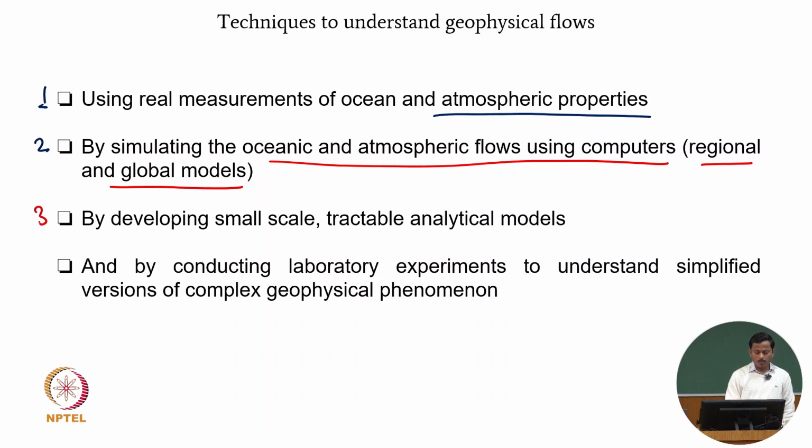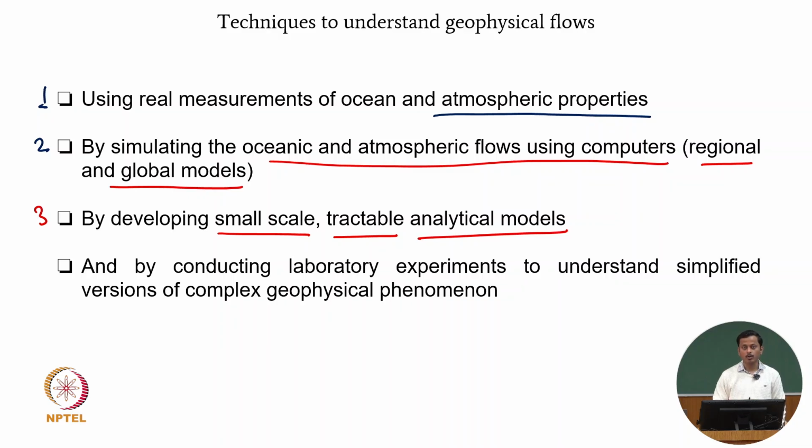Third, we can develop small-scale, tractable analytical models to understand the complex geophysical flows. For example, there's a phenomenon that is happening in the ocean and the atmosphere, and we can have a reduced order model developed on pen and paper, and we can try to understand the properties of that model, and then we can see whether that complex oceanic phenomenon matches approximately with that model.